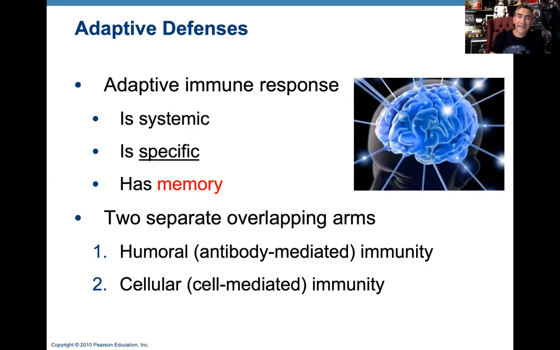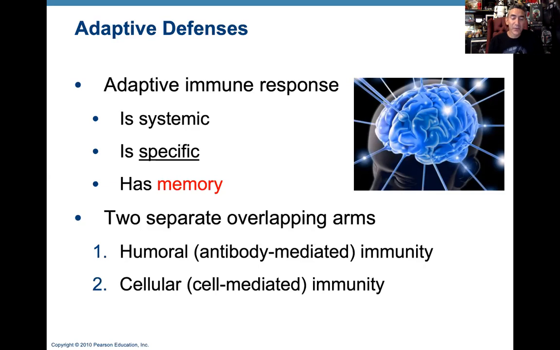So first of all, adaptive defense has to have two qualities to qualify as an adaptive defense, right? One, it has to be systemic. Let's say that you were unfortunate enough as a kid to step on a rusty nail. Not very fun, right? Hurts.